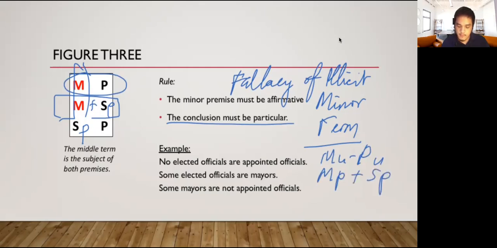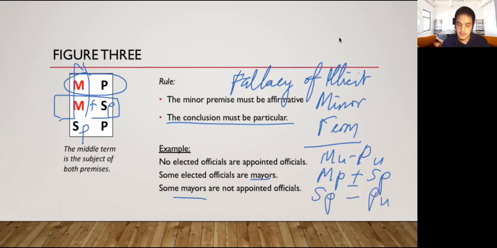Okay, so we have affirmative, and it automatically makes the predicate, the minor term, particular. So you take this, some mayors, SP minus PU.